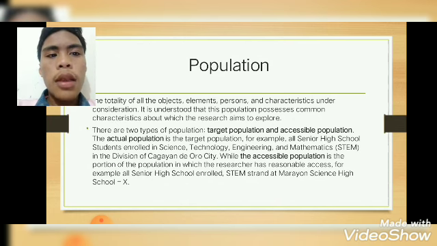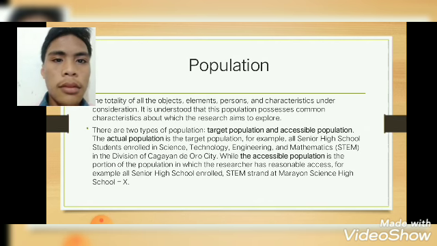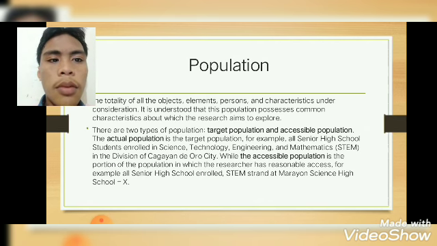There are two types of population: target population and accessible population. The actual population is the target population.